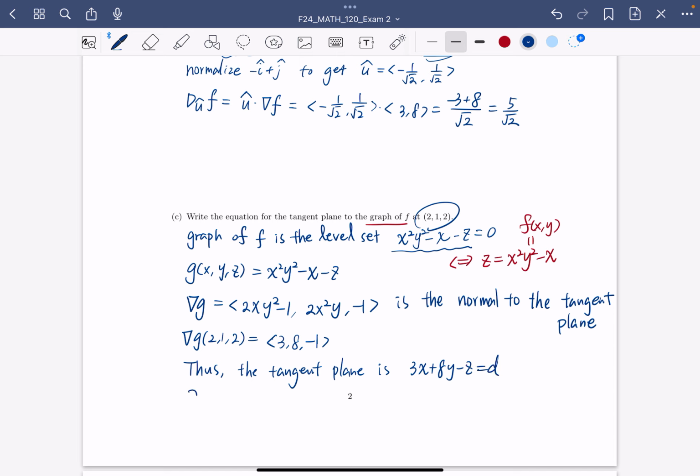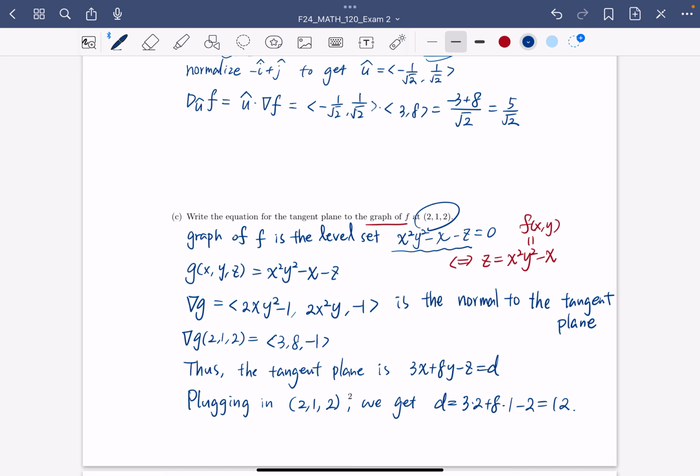To determine this d, we can plug in (2, 1, 2). We get d as 3 times 2 plus 8 times 1 minus 2, which is 12.